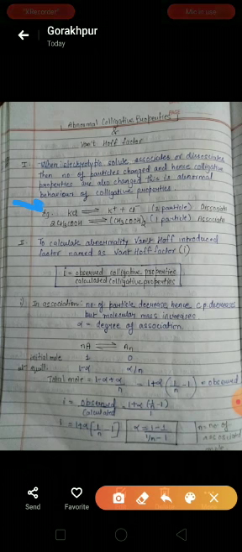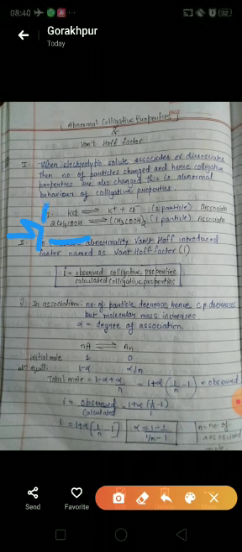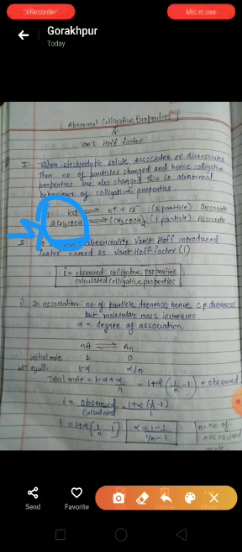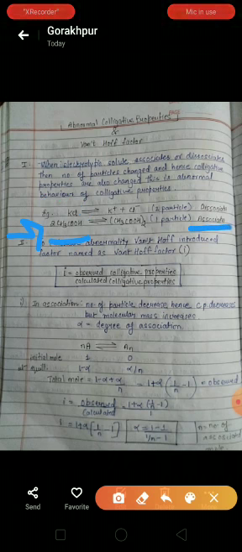Let us see an example here. KCl dissociates into K+ and Cl-. Another example is acetic acid. Two particles of acetic acid associate and form a dimer. It is a case of association.